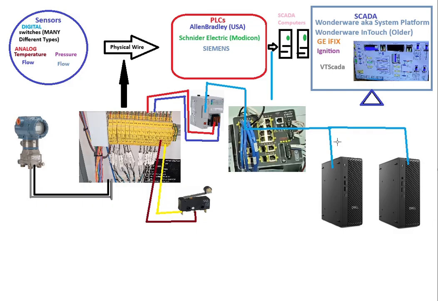They could be server grade computers or they could be desktop computers like you find a lot in smaller water and wastewater plants. So I have a similar diagram up here.